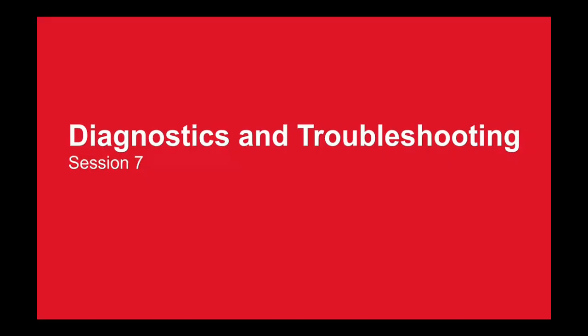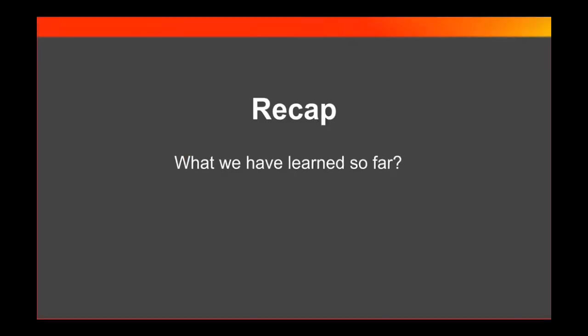Welcome back, guys. In this section, we are going to learn how to troubleshoot the network and how to diagnose what problem has occurred in the network. To recap what we learned in the last session: how to modify the world state database configuration, how to configure the ordering service, how to configure Hyperledger Fabric containers, how to define network configuration options, how to enable TLS, and how to generate the Genesis block.